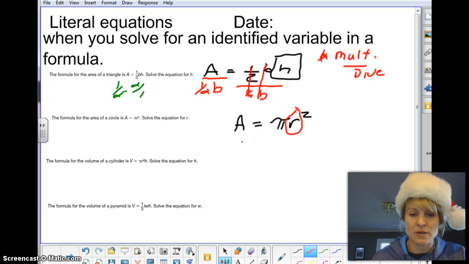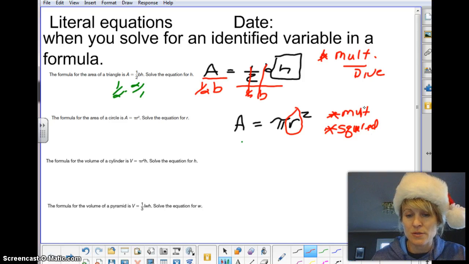So I have to get rid of the pi and the squared. So I'm dealing with pi times, so I'm dealing with multiplication. And then I'm also dealing with a squared, or an exponent.